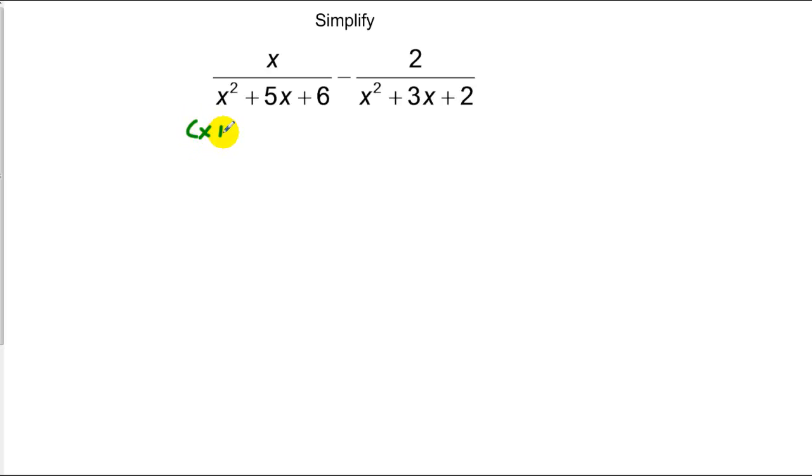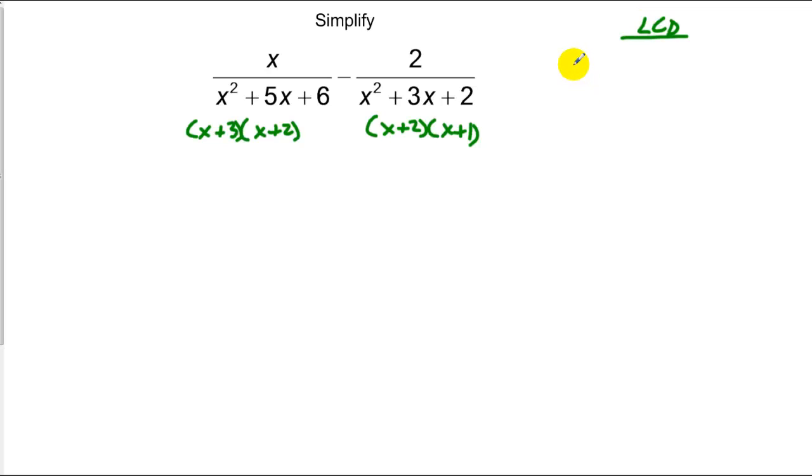So I get x plus 3, x plus 2, x plus 2, x plus 1. Go over here to find my LCD.